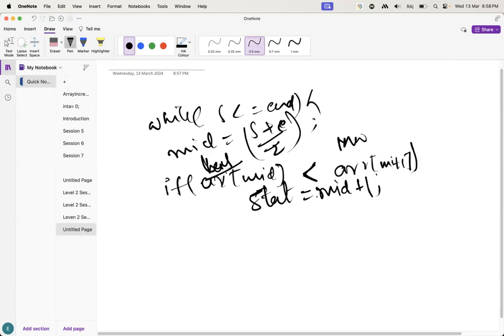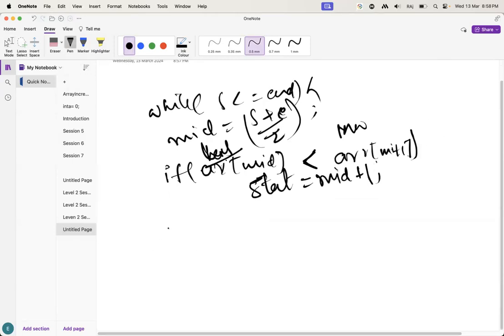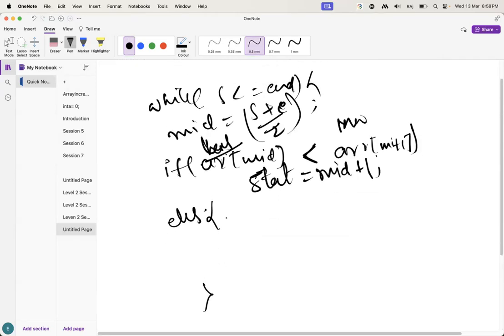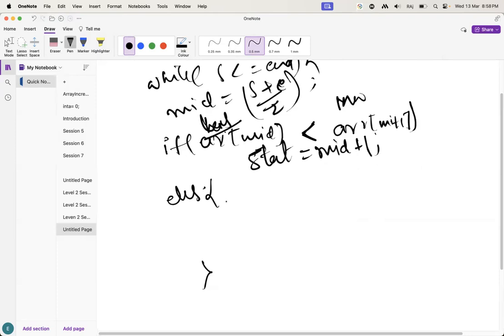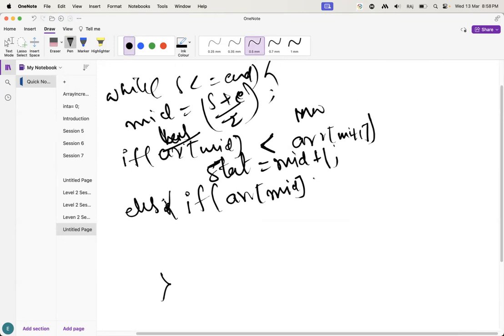Okay, fine. Guys, what is the other possibility? We are going to check the values here. If not this one, what is the other possibility, guys? Else if array of mid value may be greater than array of mid plus 1.